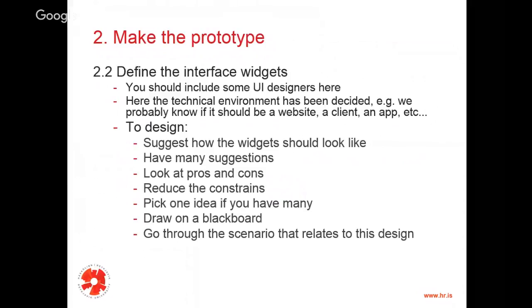And then you define the interface widgets. It would be good to include the user interface designer here. And widget, that is, a button. Are you going to use tabs, or are you going to use links, and so on?